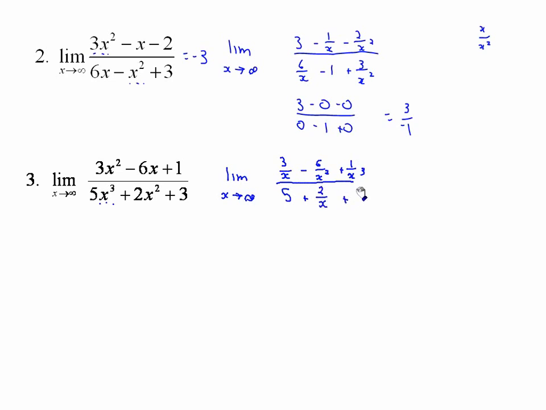And then this is 3 over x cubed. As we take the limit, we get 0 minus 0 plus 0 all over 5 plus 0 plus 0. So that's 0 over 5, which is just equal to 0.